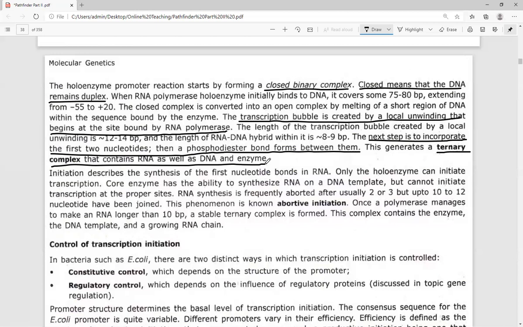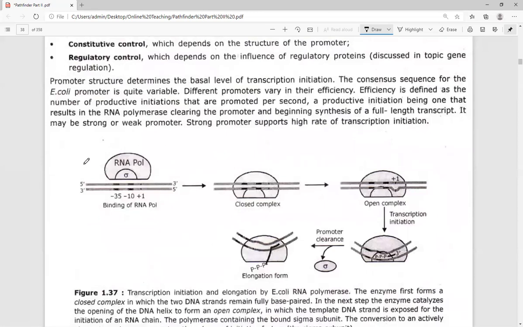Now, how is this ternary complex produced? You just look here. This is the RNA polymerase, and this part is the sigma factor. It is this sigma factor that has the ability to recognize the specific consensus sequences present on the DNA molecule.